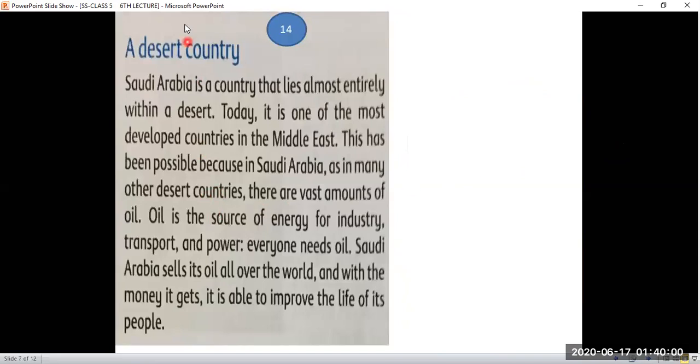So a desert country. Saudi Arabia is a country that lies almost entirely within a desert. Today it is one of the most developed countries in the Middle East. This has been possible because in Saudi Arabia, as in many other desert countries, there is a vast amount of oil.